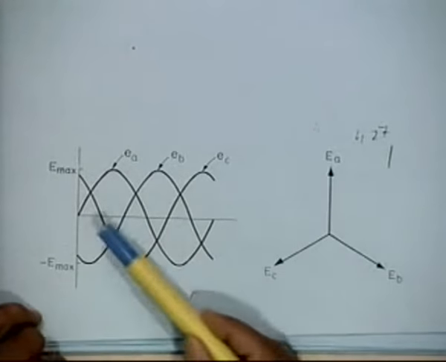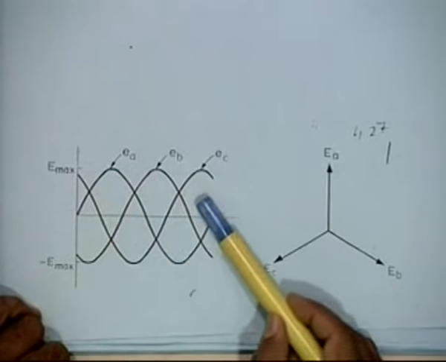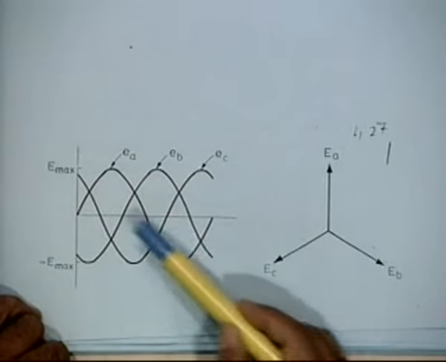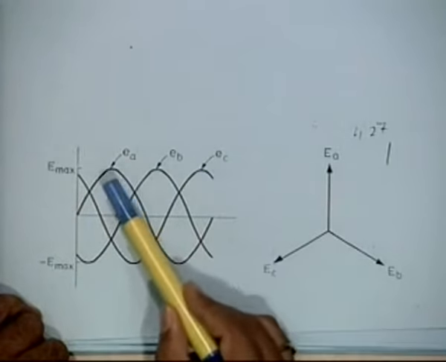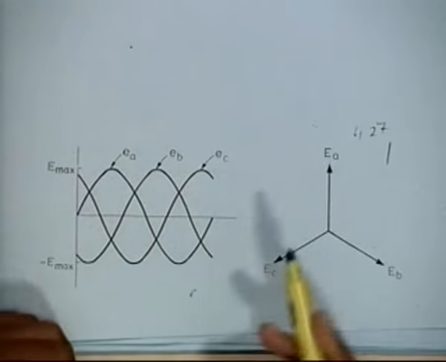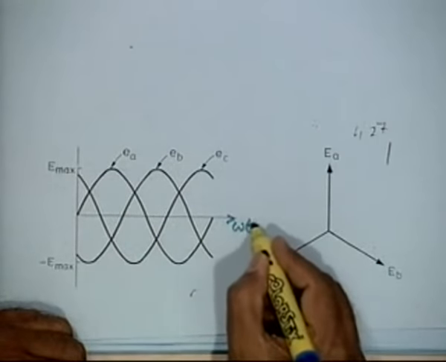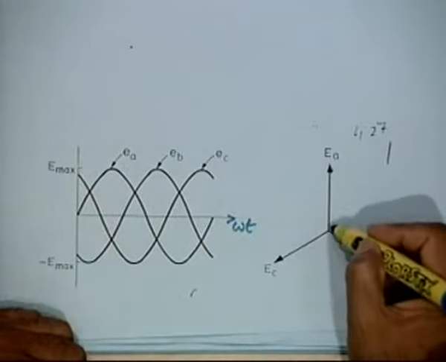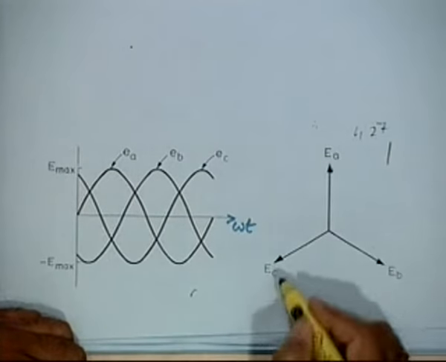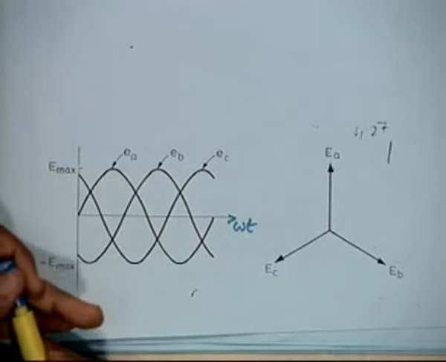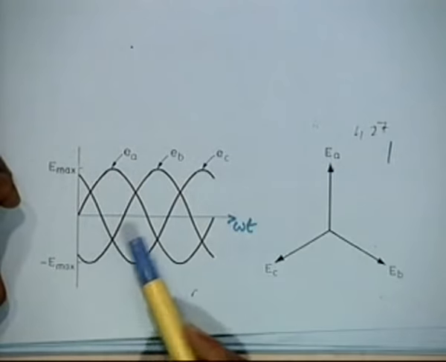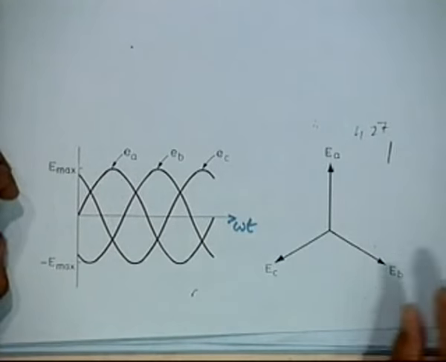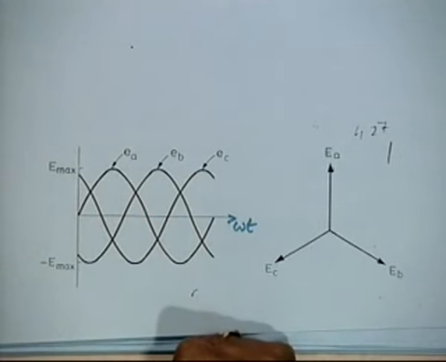The 3-phase voltages we generally show instantaneously like this. If you have E_A like this, then E_B will be like this and E_C like this, phase shifted by 120 degrees in time, with the same maximum value E_max, and we also show it by a phasor diagram E_A, E_B, E_C.